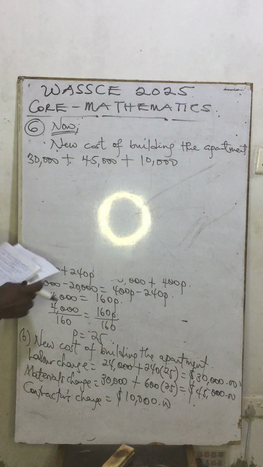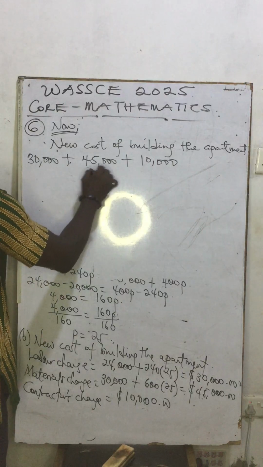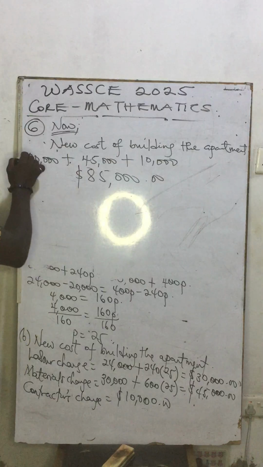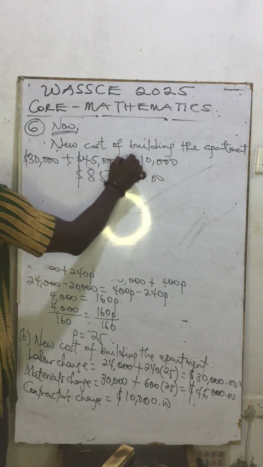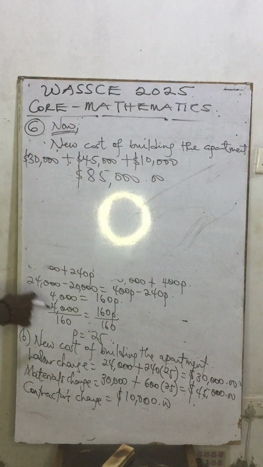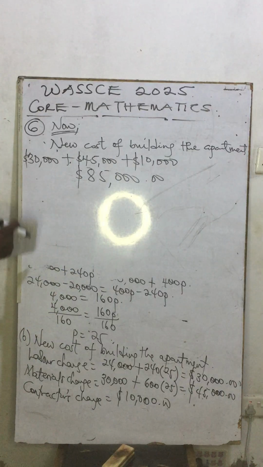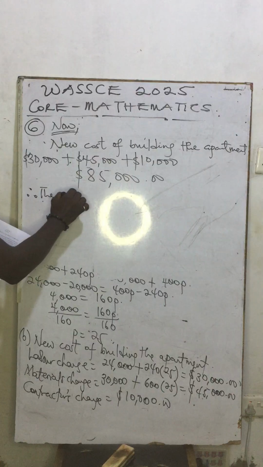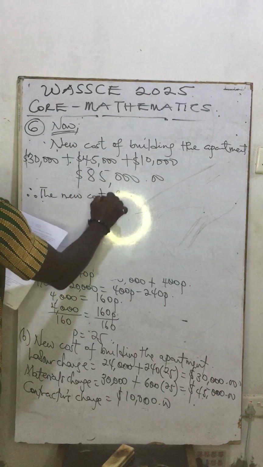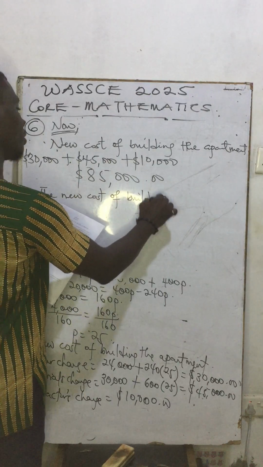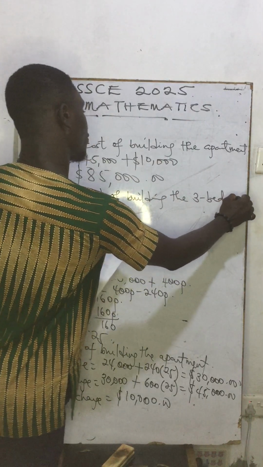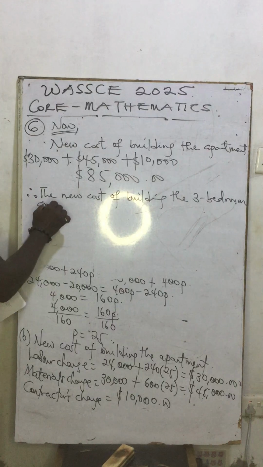When we add this, we get $85,000. Therefore, the new cost of building the 3-bedroom apartment is $85,000.